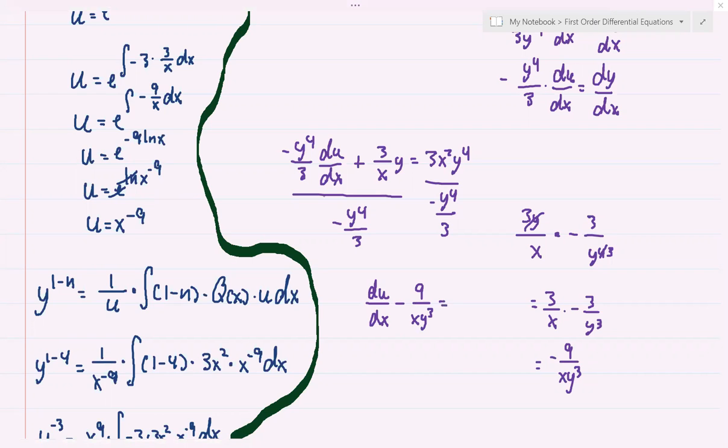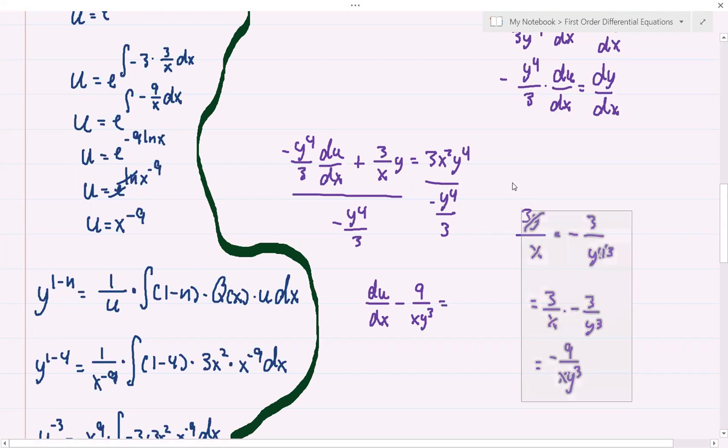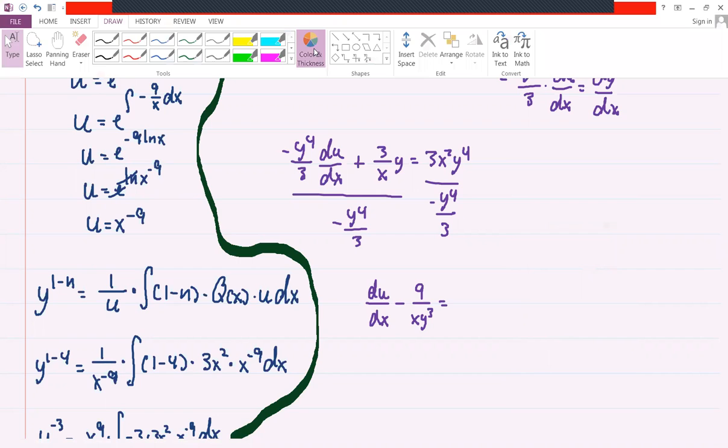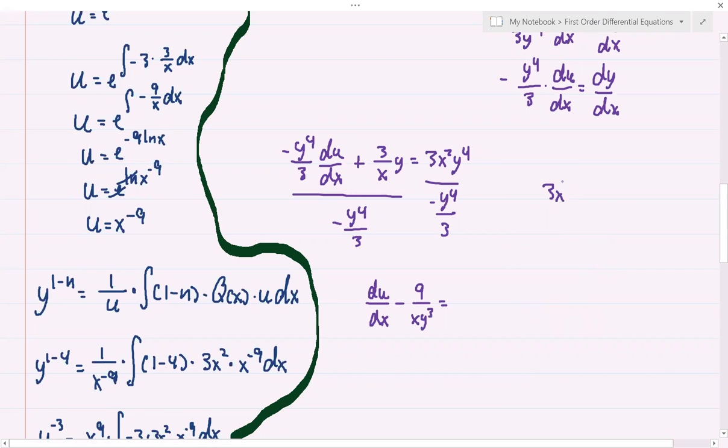Then next, we will now divide the term on the right side, 3x squared y raised to 4, by negative y raised to 4 all over 3. It's the same way I divided the second term. I will reciprocate the denominator, so we will have 3x squared times y raised to 4 times negative 3 all over y raised to 4.